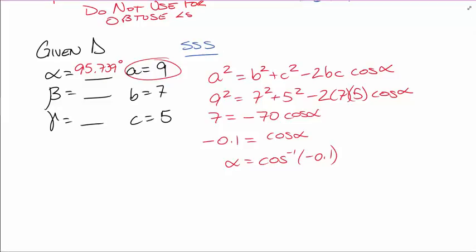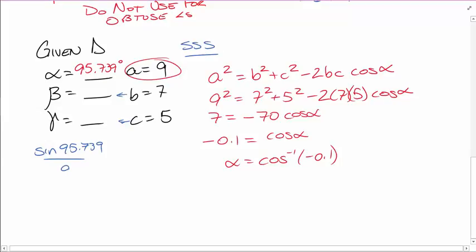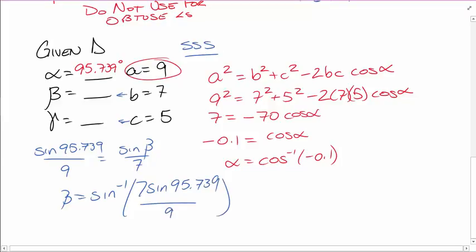We can now move to the law of sines because neither of the angles remaining could possibly be obtuse. The sine of that 95.739 divided by 9 equals the sine of beta over 7. Beta would equal the inverse sine of 7 times the sine of alpha over 9.